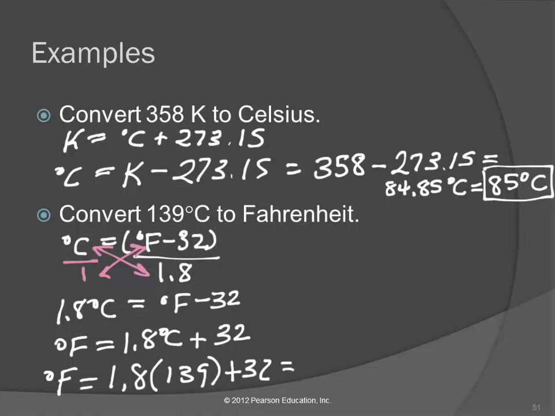So on the calculator, 1.8 times 139 equals, plus 32. Get 282.2. Everybody else get that? Always a good idea to do your calculations twice because it's so easy to push the wrong button.